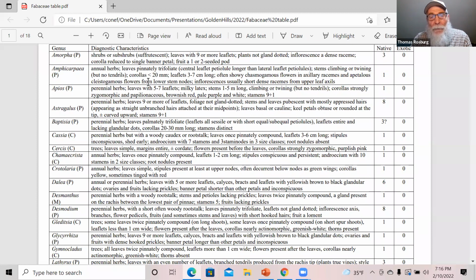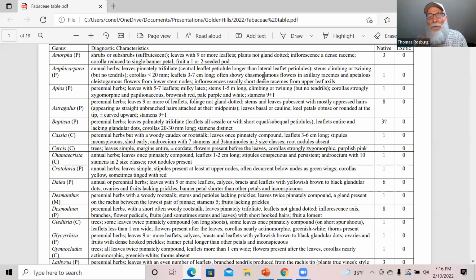Amphicarpa is a plant that twines and grows and climbs on other plants, as it says here, stems climbing and twining, but it's not really a true vine because it does not have any tendrils. It's kind of complicated, but this is an easy way to separate it from others. It's got two kinds of flowers. One kind is called a chasmogamous flower. That's a flower that's very pretty and showy.